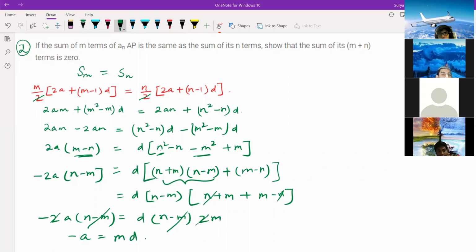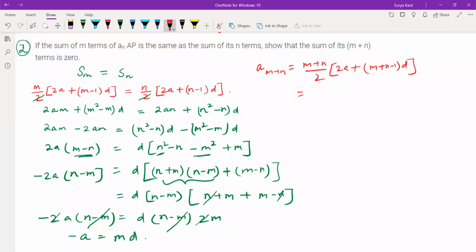Something mistake is happening. 1 minute. Actually we have to find the m plus n terms. It means m plus n by 2 into 2a plus m plus n minus 1 into d.